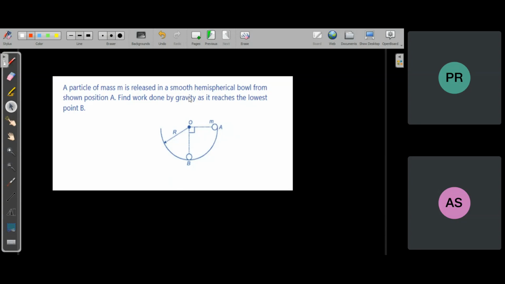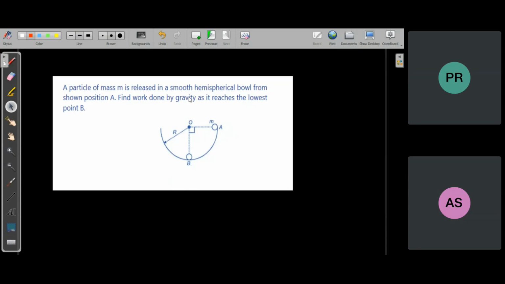Work done by gravity, there is a displacement. Then you have to follow the equation. For example, work for the operating displacement.